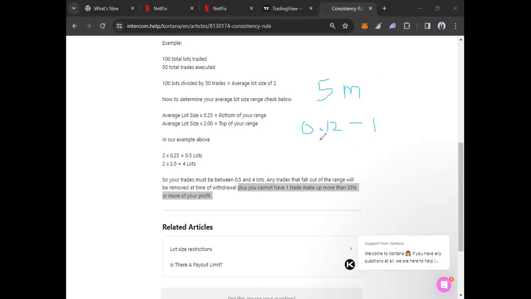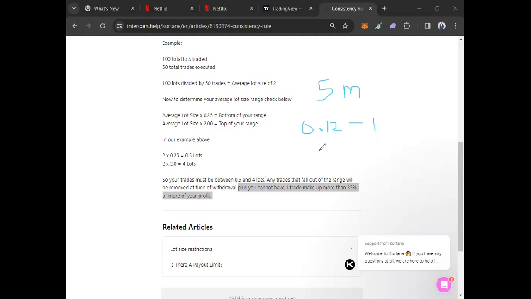You can divide the 1 standard lot into 2, 3 or 4 positions, but what we know is that it is meant to fall within 0.12, which is 0.25% of $10,000, and 1 standard lot, which is 2% of $10,000.